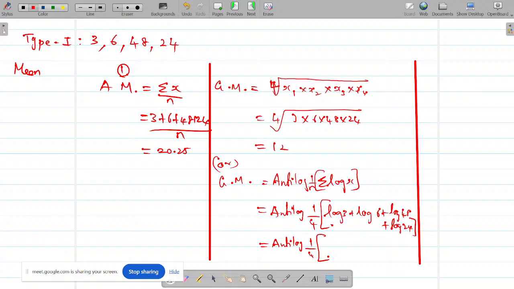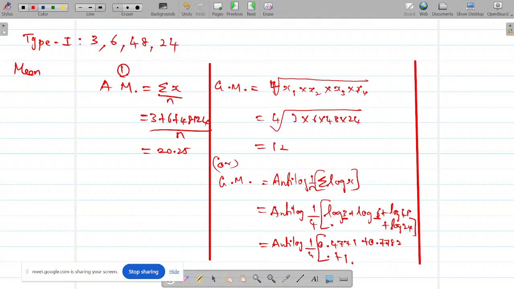Log of 3 is 0.4771, plus log 6, which is 0.7782, plus log 48, which is 1 point, go and check in the table for 48.